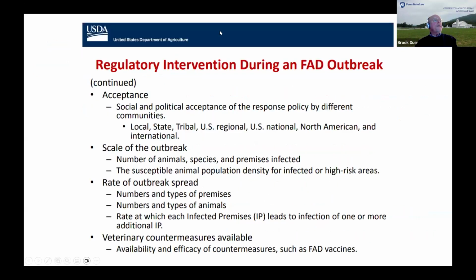So all of these things factor in, including social and political acceptance of the response. Depopulating poultry was necessary, but it was also something that people had a little bit of familiarity with. Depopulating cows in a way that would lead to large quantities is a different story, socially and politically. Those are real factors.